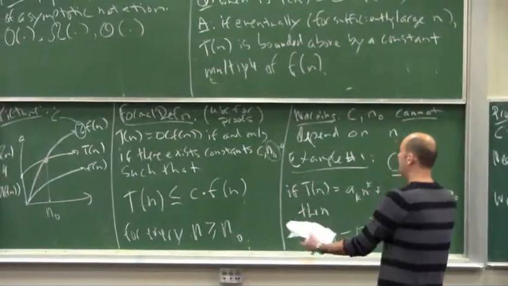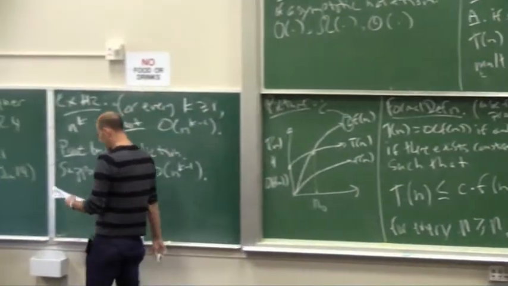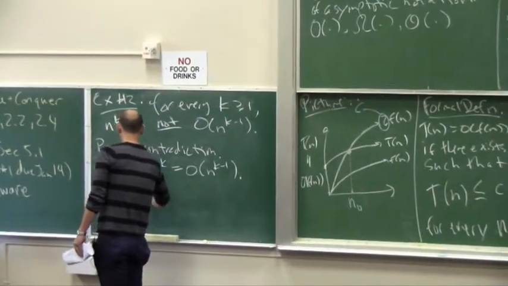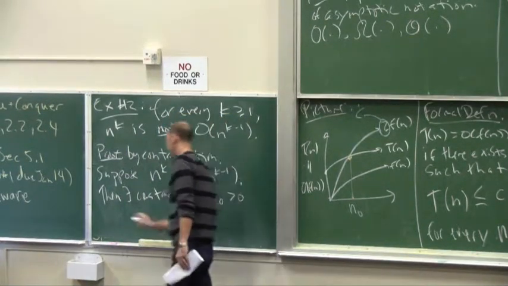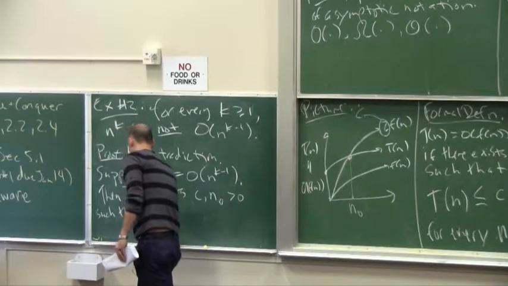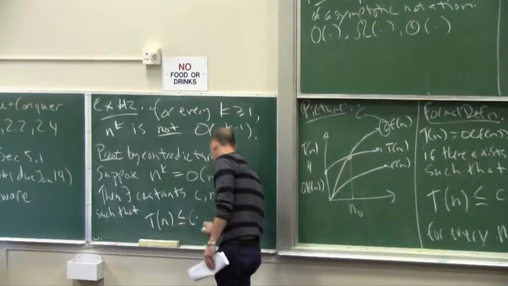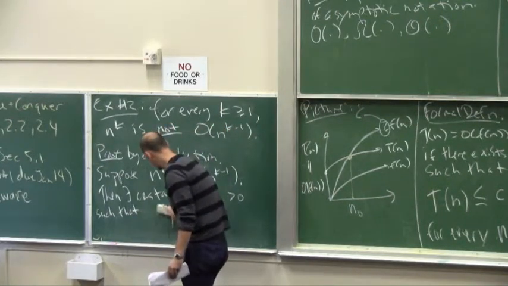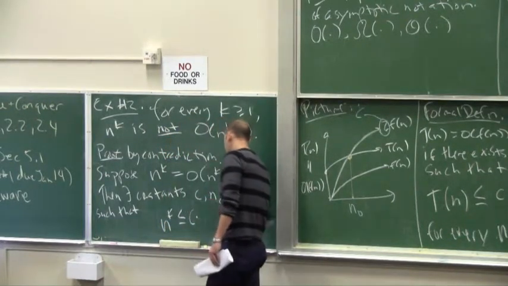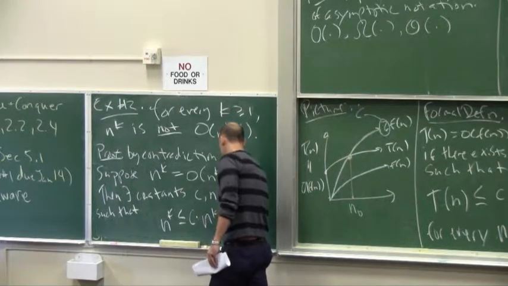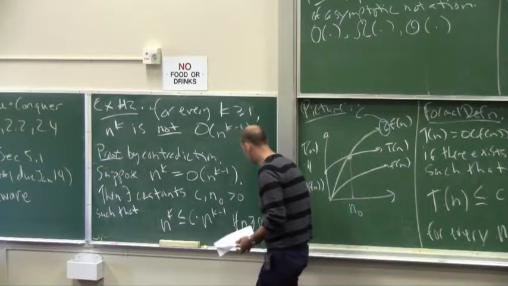Well, now we have to go back to the definition of big O. By definition, there exist constants c and n naught greater than 0 such that n to the k is upper bounded by this purported multiple c times n to the k minus 1 for all sufficiently large n.